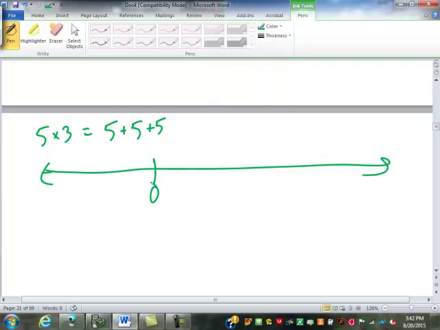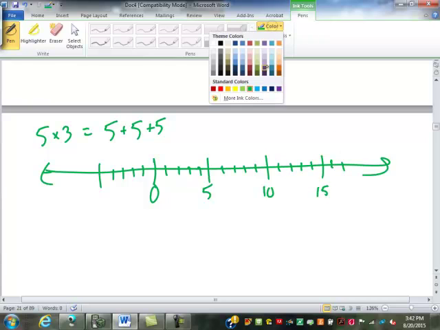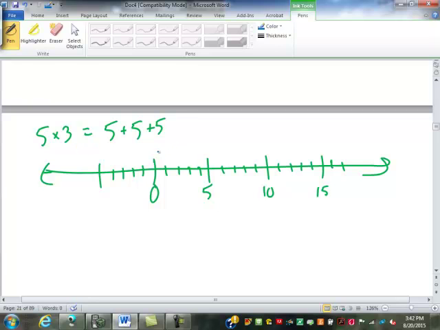So when I take multiplication, that 5 times 3, what it's telling me to do is to take the vector for 5, like that, and copy it over 3 times. So 1, 2, and 3. So 3 times 5 ends up being 5 plus 5 plus 5, or 15.